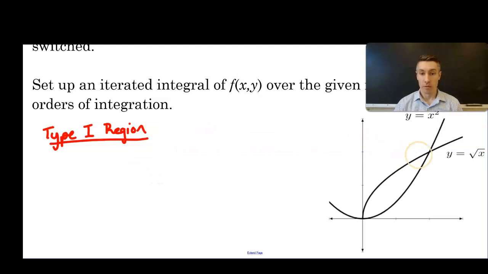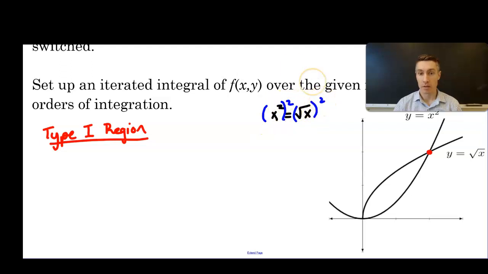First thing we need to decide is where they intersect. We can kind of estimate that, but it's not always going to be that easy. We're going to need some algebra at times. Just to show you what that would look like, we set both functions equal to each other, then square both sides.